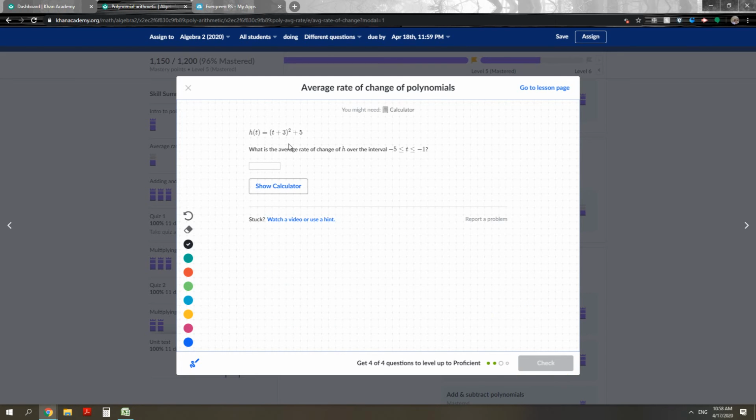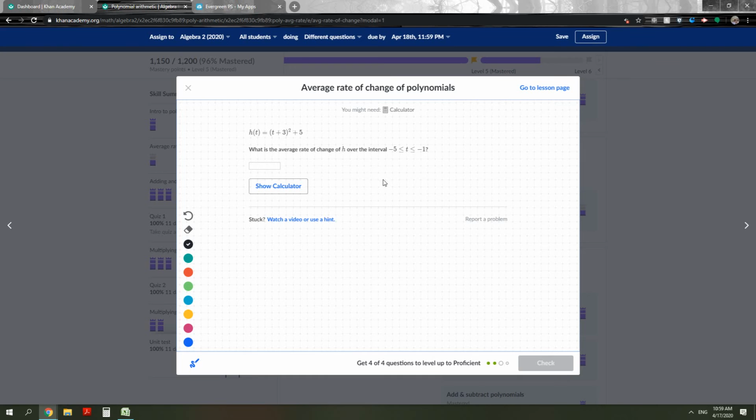Next question. What is the average rate of change of H over the interval negative 5, negative 1? Now this is very similar to the first problem. All we're going to have to do is plug negative 5 into our equation, see what we get. Negative 5 plus 3 is negative 2. Negative 2 squared is 4, and 4 plus 5 is 9.